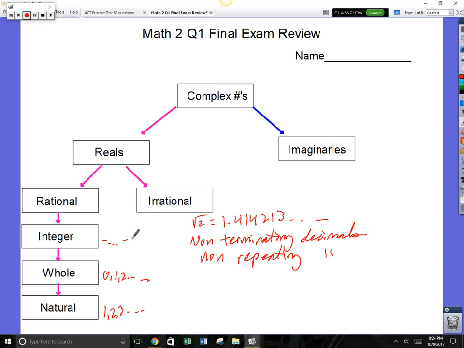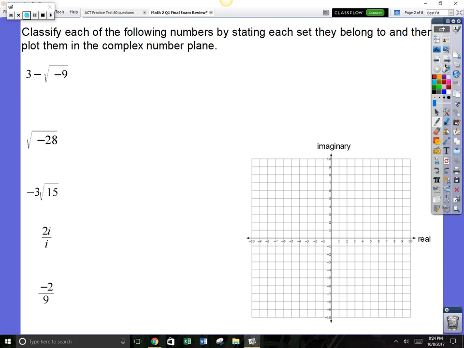So dot dot dot, negative 2, negative 1, 0, 1, 2, and then rational, I mean, they include the numbers in between, these fractions. So rational is anything that can be written as a fraction. So these decimals that either terminate or they repeat with a pattern. So we've got 5 numbers here.